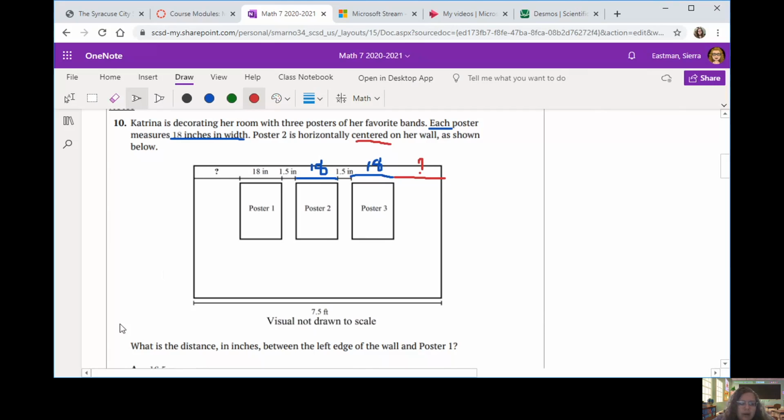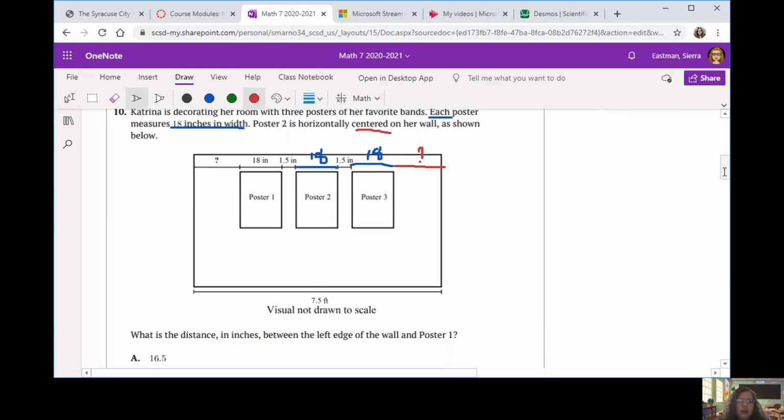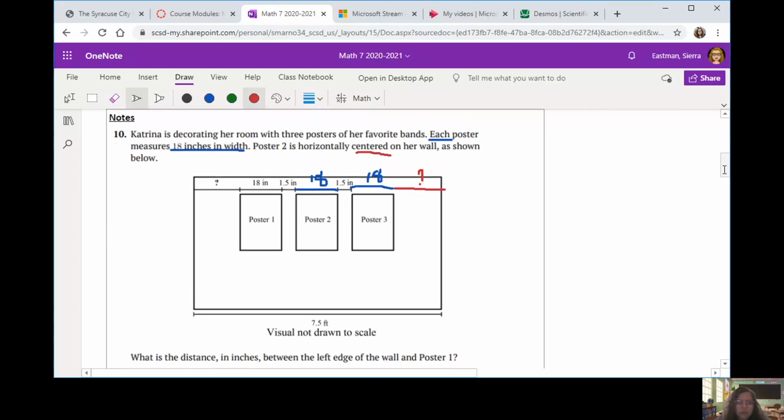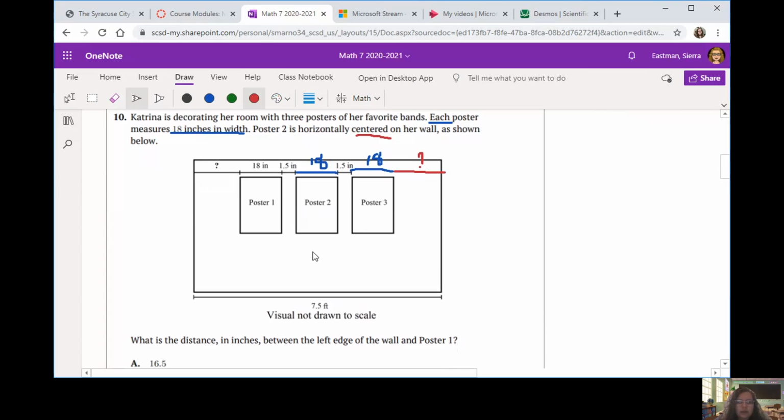And now we have our question. What is the distance in inches between the left edge of the wall and poster 1? We're trying to figure out what this question mark will equal. And we can go ahead and do that. Because we have a total down here, okay? Look at everything.